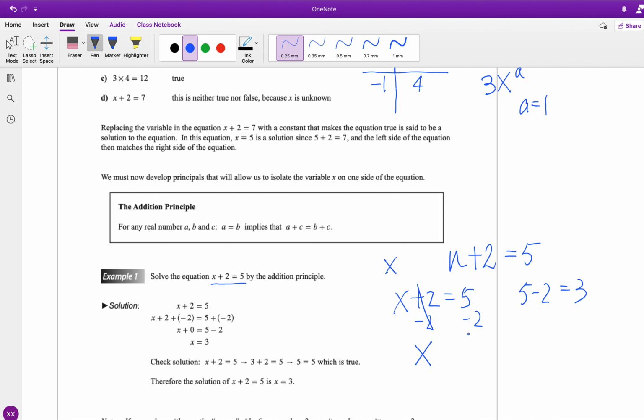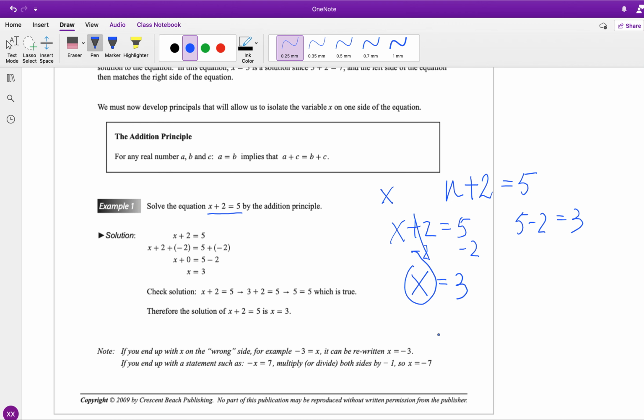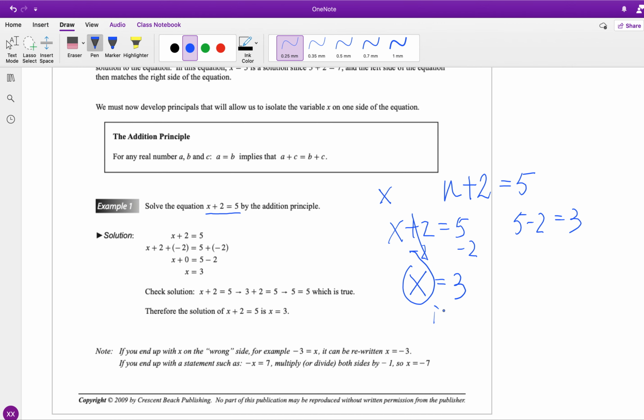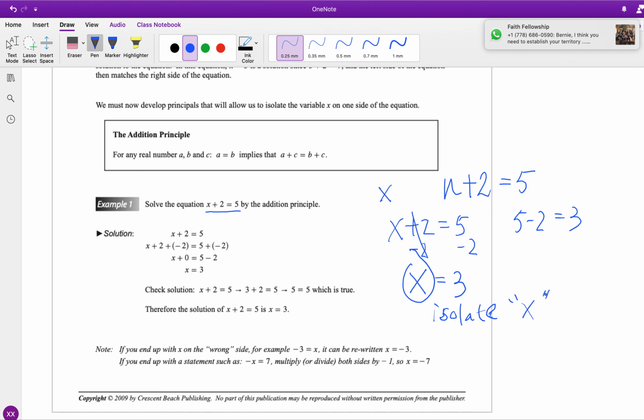So this cancels, and then 5 subtract 2 is 3. This is also called, mathematically, isolating the x, by this kind of procedure.